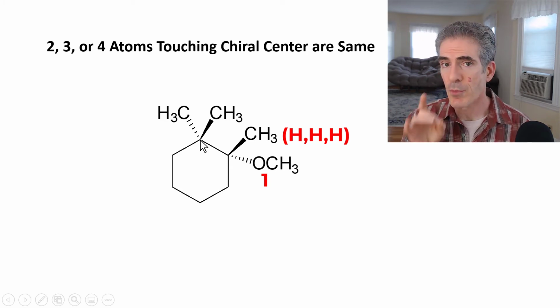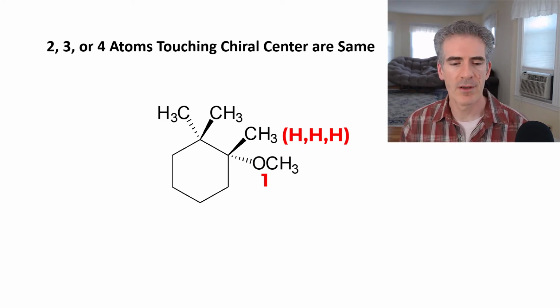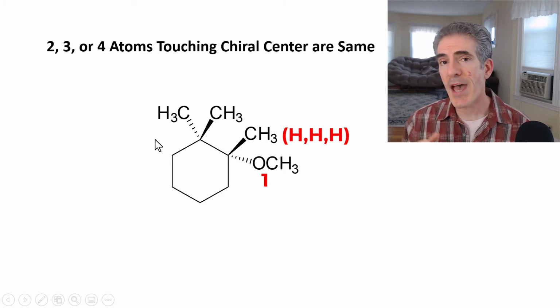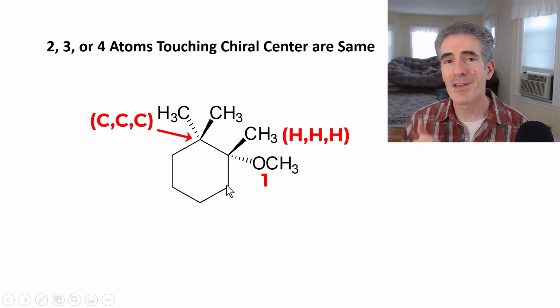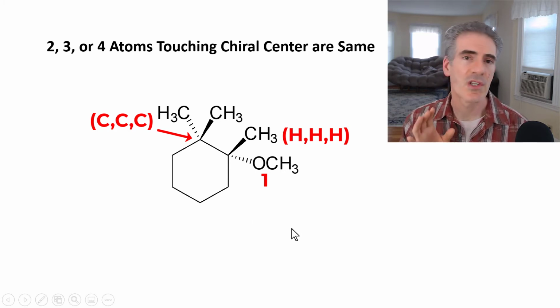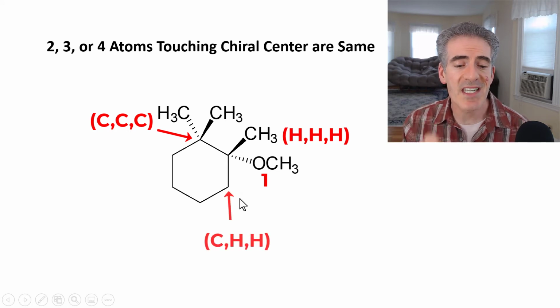Again, we keep working away from the chiral center. Here, we go carbon, carbon, carbon. Not bad, 3 carbons. All right, and then what about down here? This goes to carbon, and then the hidden implied hydrogen, hydrogen. So we are going to have a CHH on that carbon.